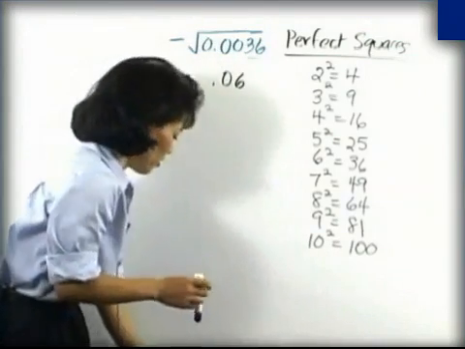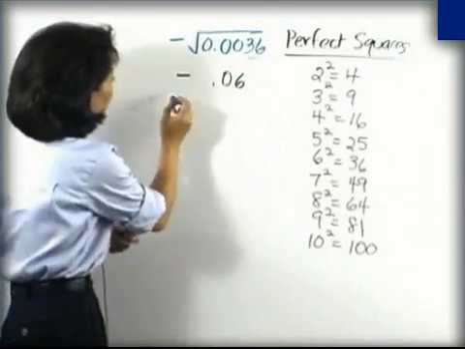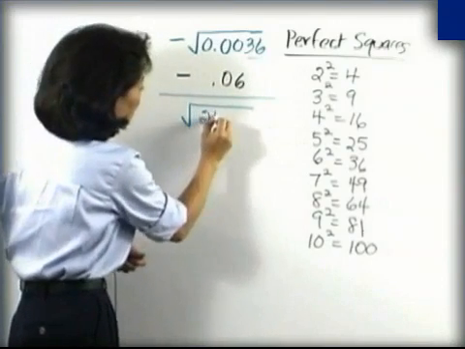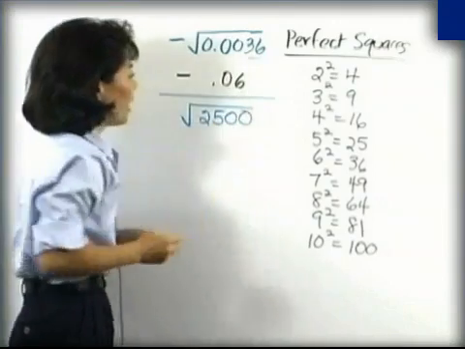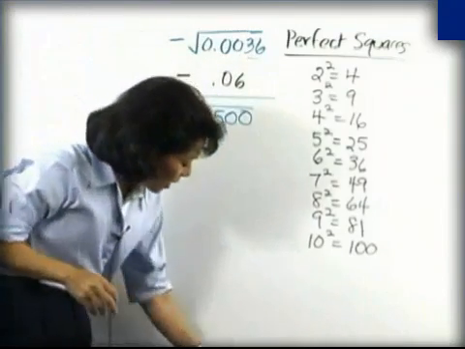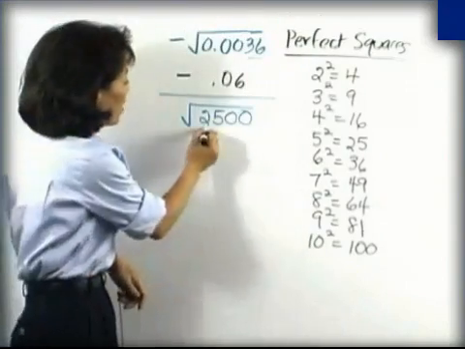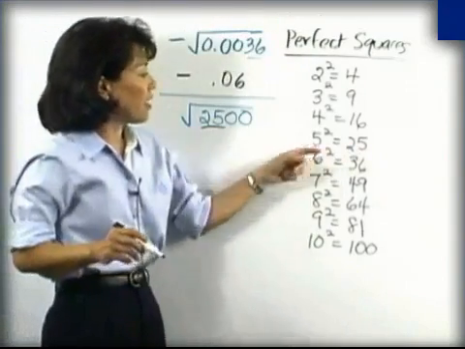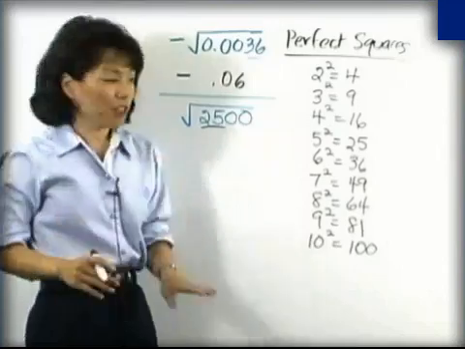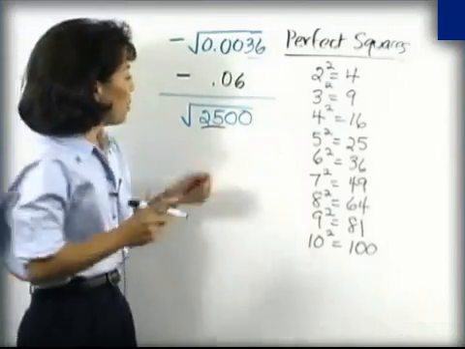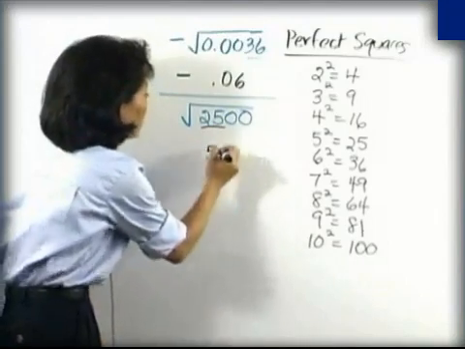Now, let's try a larger number. Let's look at the square root of, let's say, 2,500. Now again, because we have our list of perfect squares handy, we see that 25 here is 5 squared. In other words, if we are just asked to find the square root of 25, we would simply say 5.